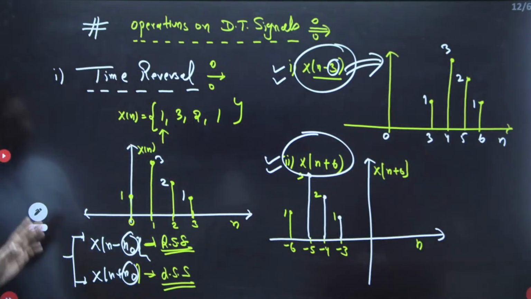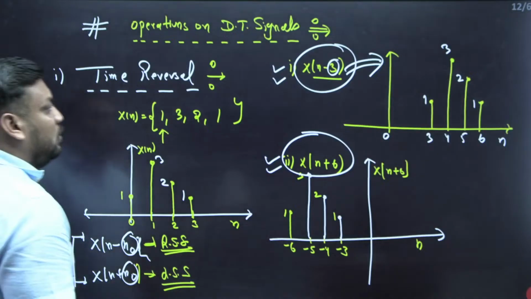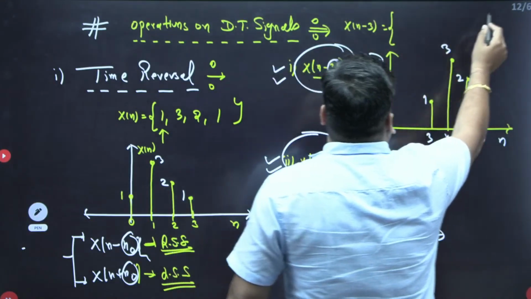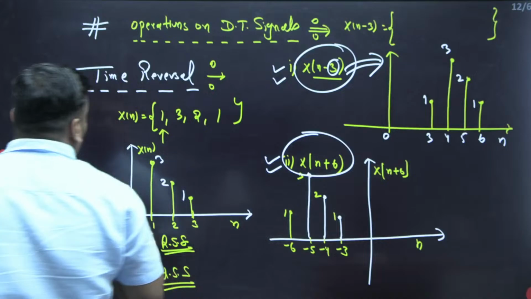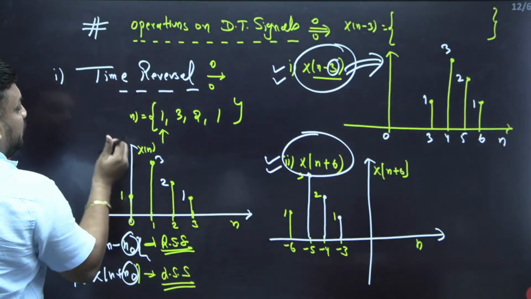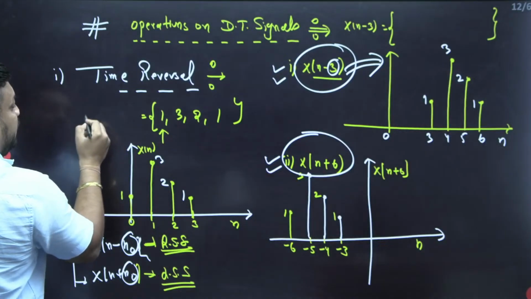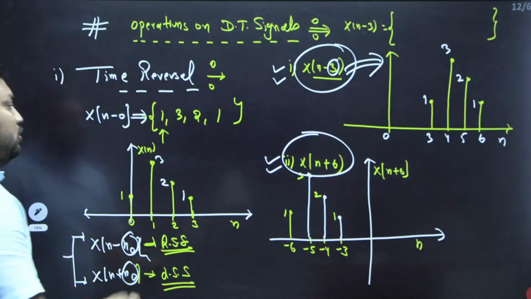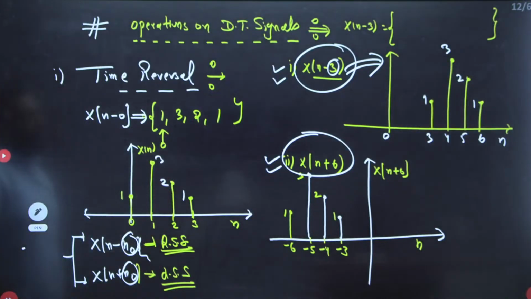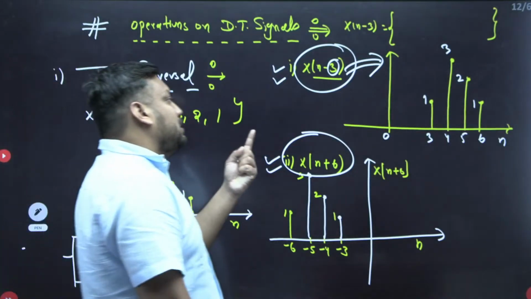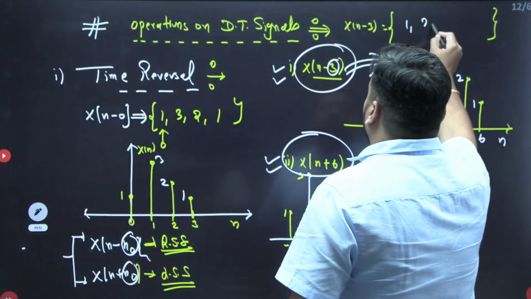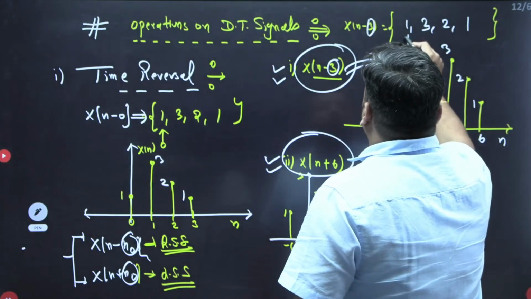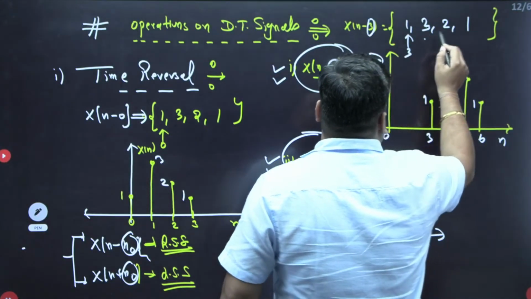If you want to save your time and directly perform x of n minus 3 in the sequence itself, then you have to treat this x of n as x of n minus 0, starting from 0, the origin. So for x of n minus 3, it is nothing but 1 3 2 1, and instead of 0, this time it starts from 3, so 3, 4, 5, 6 as it is.